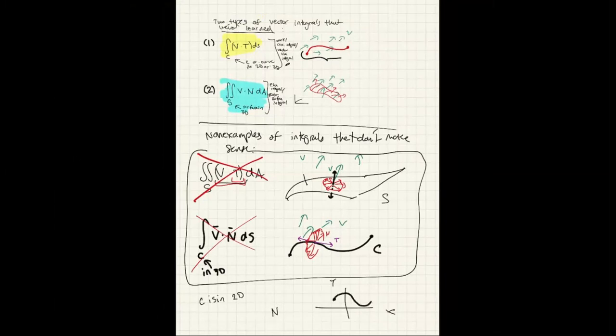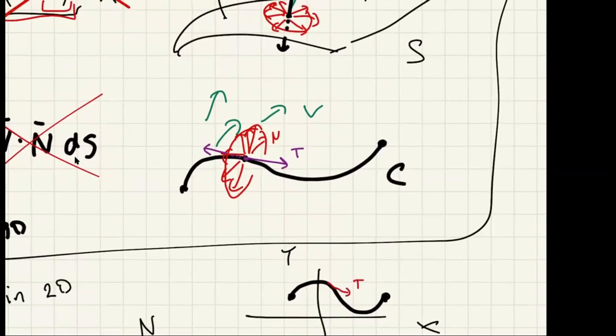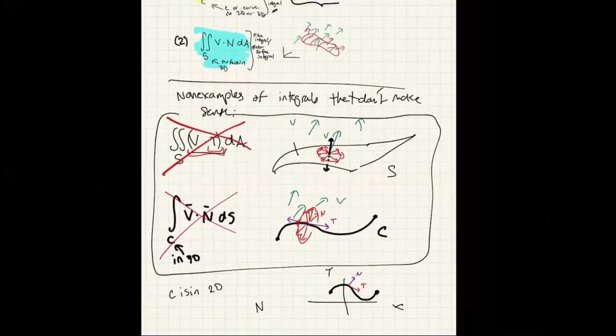At each point, because in 2D there's a lot less dimension than in 3D, you can define, I'll zoom in, this would be a tangent vector, and this would be a normal vector. And there's really only one choice, or at least one and its opposite, that you can do.